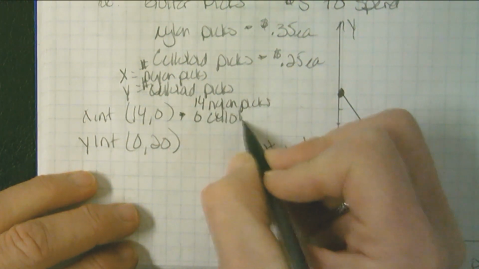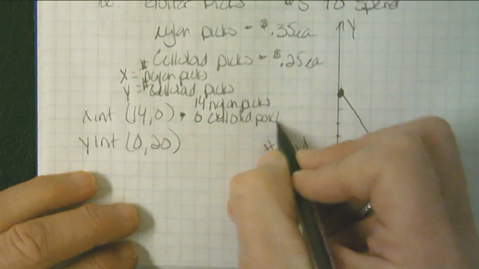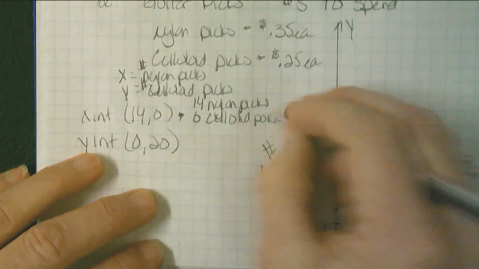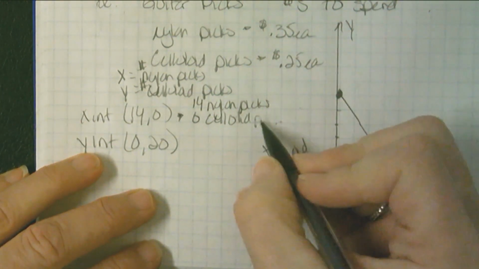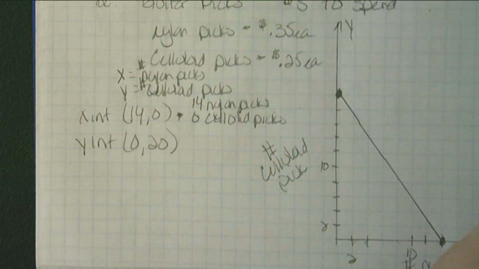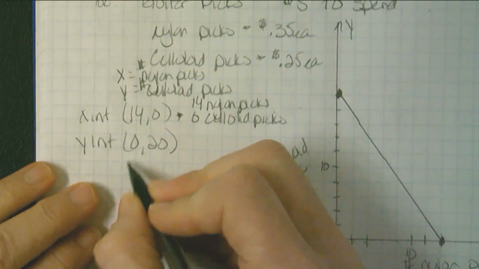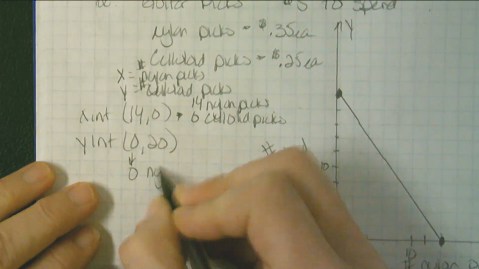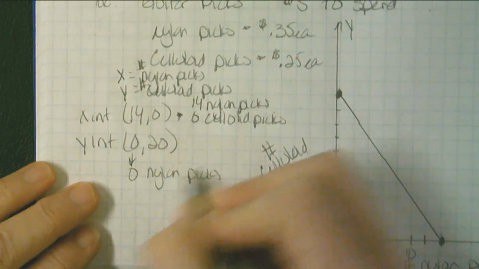Please do not say to me that that is the maximum number of nylon picks you can buy. Be very specific. It's 14 nylon picks, 0 celluloid picks. What does my y-intercept mean, Ashley? Yep.